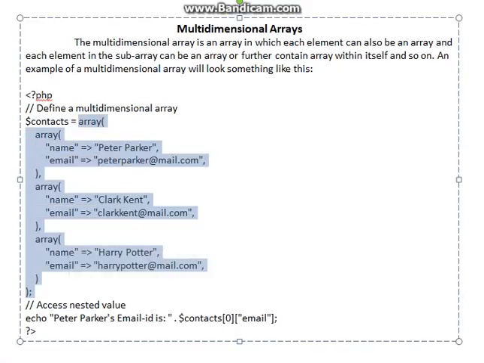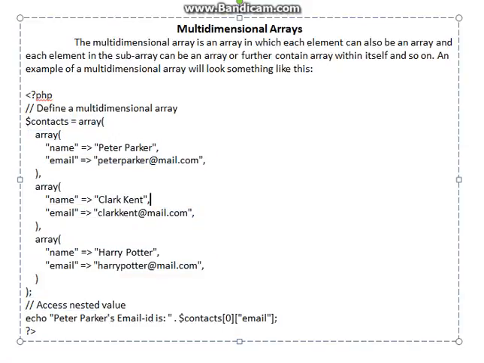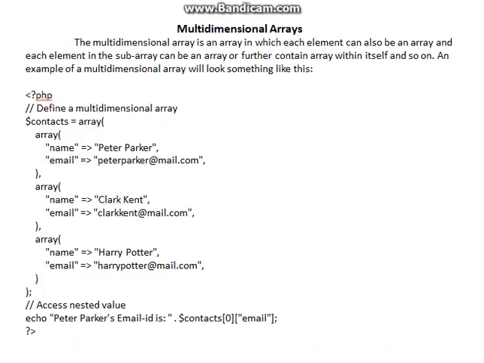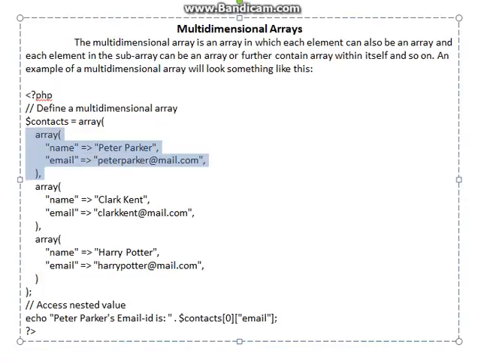If you want to refer to any one of these arrays, we have to use numeric subscripts. If you want to refer to an individual value within these arrays, we have to use key values. To access the arrays we use 0, 1, 2, that is numeric subscript values, and to access the individual values present in the contacts array, we use their corresponding keys.